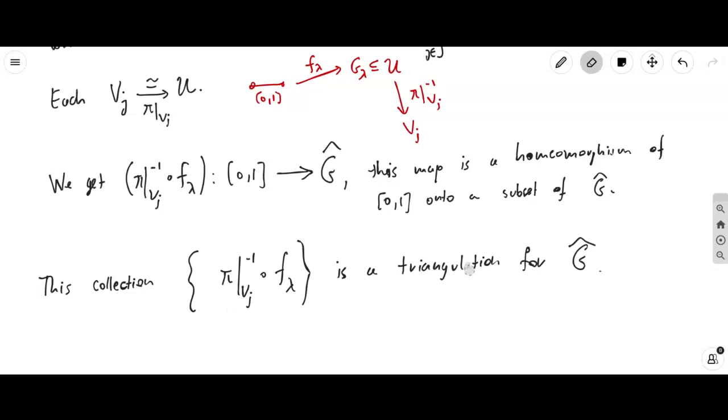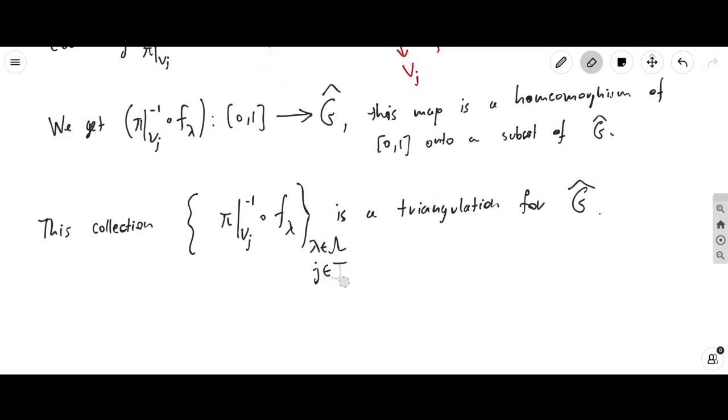So what does it mean to be a triangulation? It means that it's a collection of mappings from the interval into your space, and they have to fit together in a nice way. So first of all, the edges that you get, maybe you can even add over here that lambda ranges over this indexing set, and j ranges over the other indexing set.